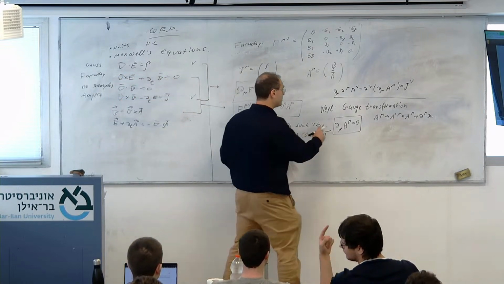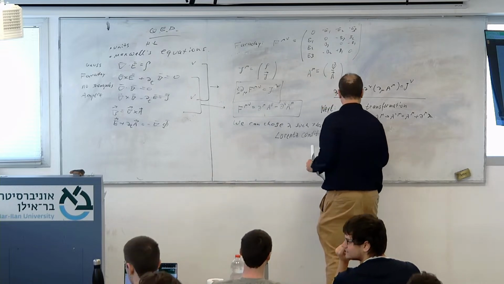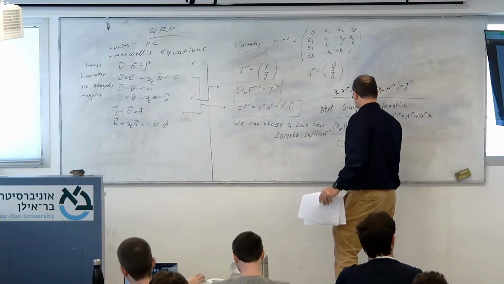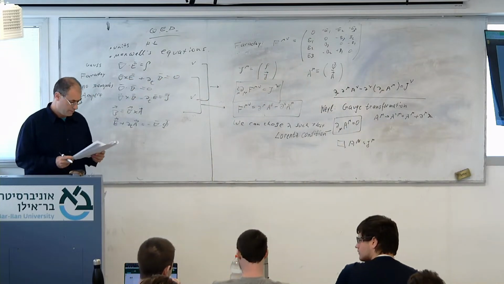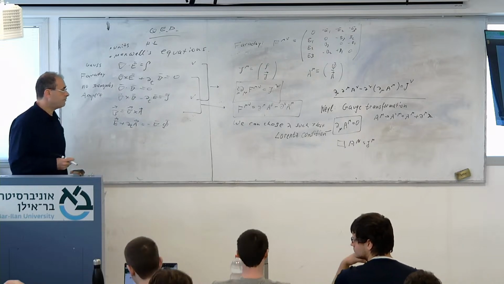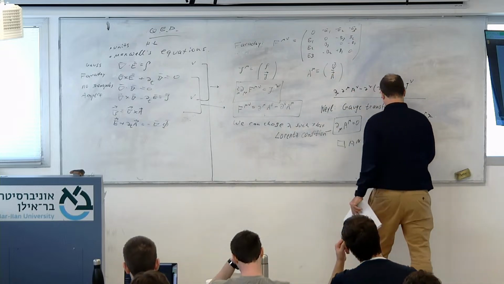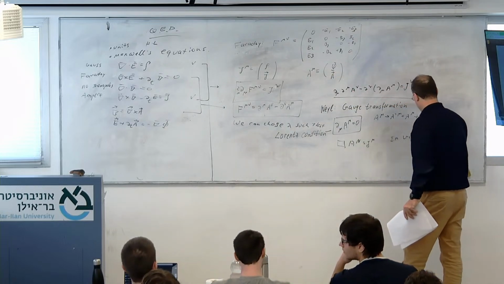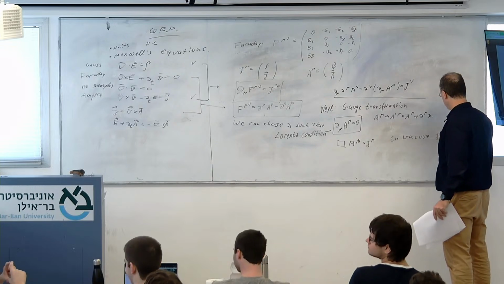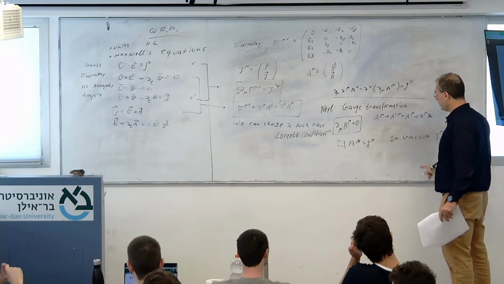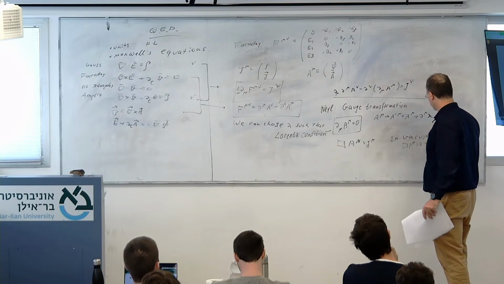And then with this choice, we have that the d'Alembertian of A mu is equal to J mu. And if there are no currents, then in a vacuum J mu is equal to 0, and we have the d'Alembertian of A mu is equal to 0, and this is a wave equation.